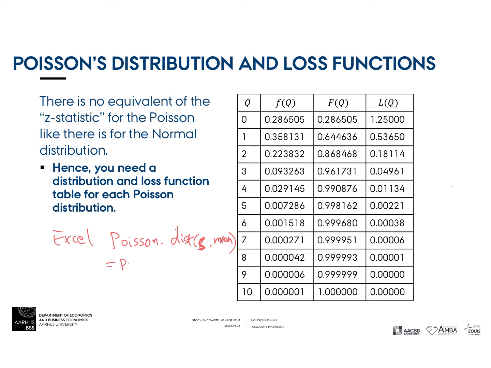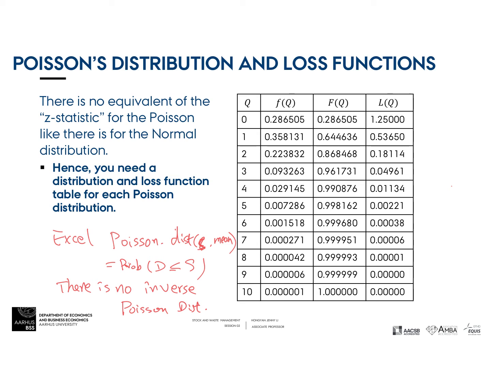This is the probability of the demand being equal to or less than s. This is different from the normal distribution. However, there is no inverse Poisson distribution. That means we cannot directly find the order quantities if you have a targeted service level.